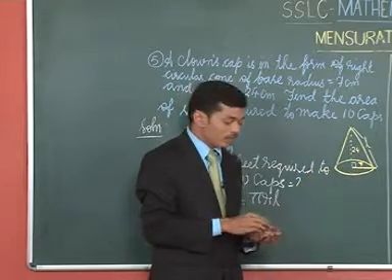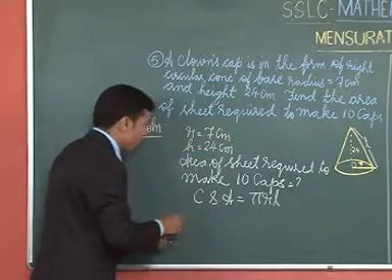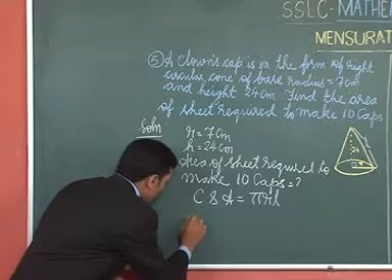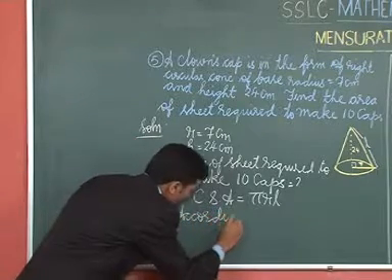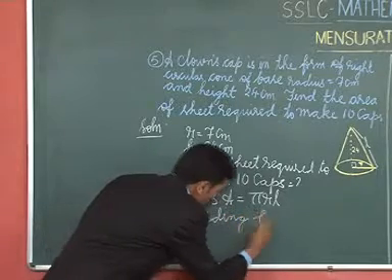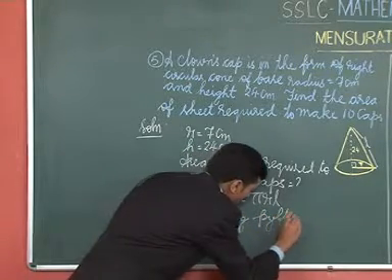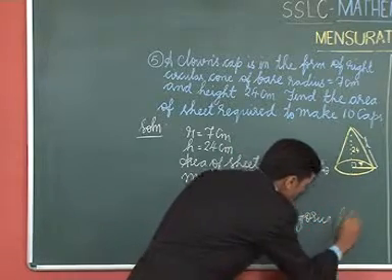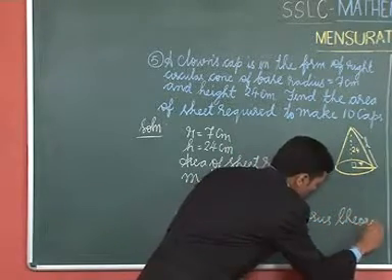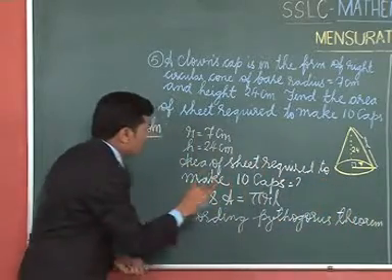So let us write it down here. Now, according to Pythagoras theorem, we have the length of the hypotenuse.